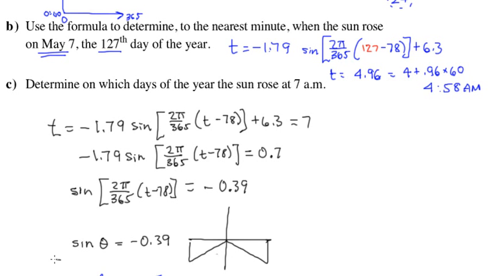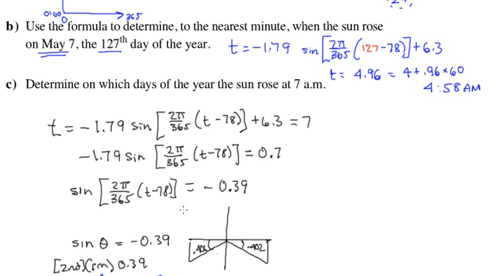So when you do that, inverse sine of 0.39 comes back with a reference angle of 0.402. And that reference angle could be in the bottom left quadrant, or it could be in the bottom right quadrant. Either one is valid. So those are our reference angles in the two quadrants where sine is negative.